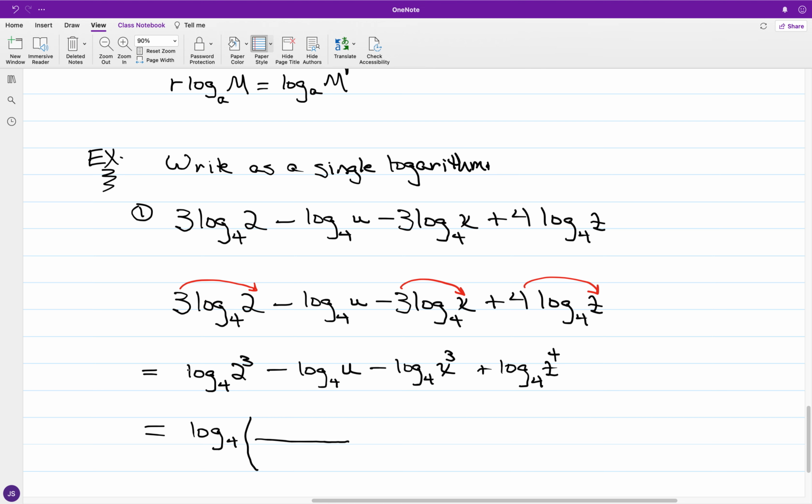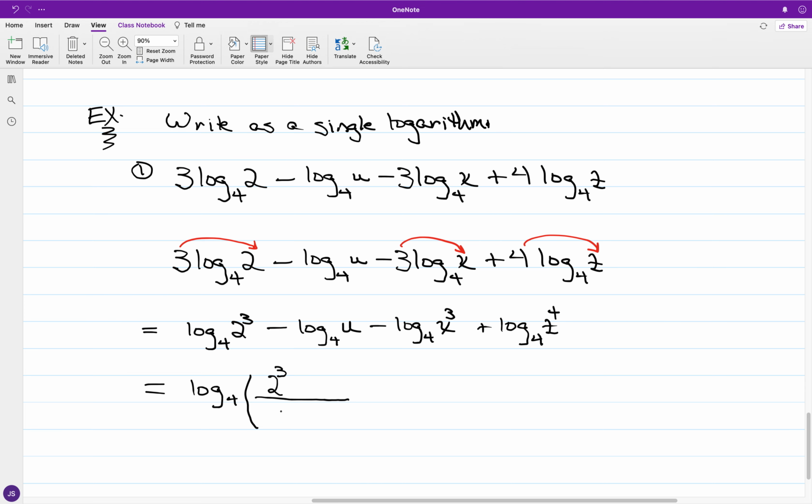That's part of a positive base 4 logarithm, so that part goes to the top. Now for u, this is part of a negative base 4 logarithm, so this will be an attachment in the denominator. And likewise for x cubed, this is part of a negative base 4 logarithmic term, so that will go on the bottom. And we have plus the base 4 logarithm of z to the 4th. This is part of a positive logarithmic term, so z to the 4th goes on the top.